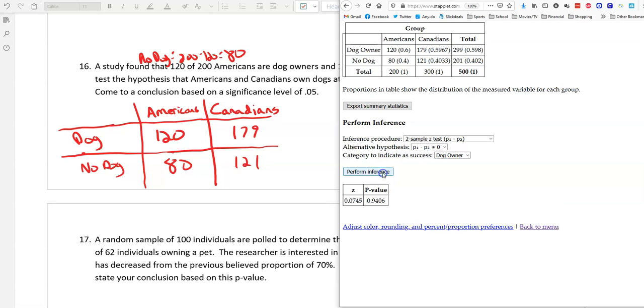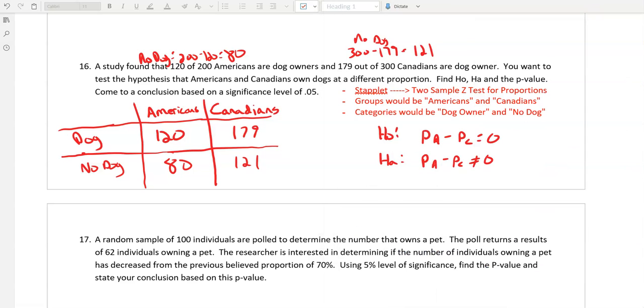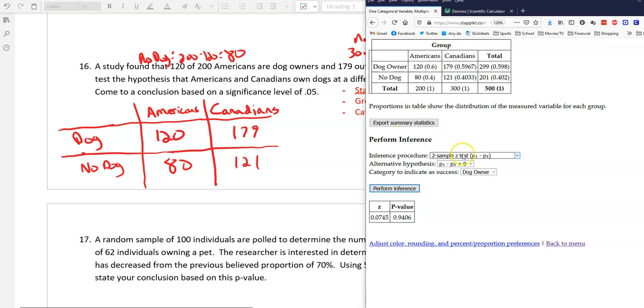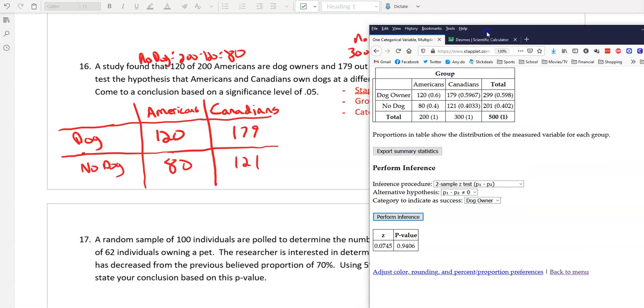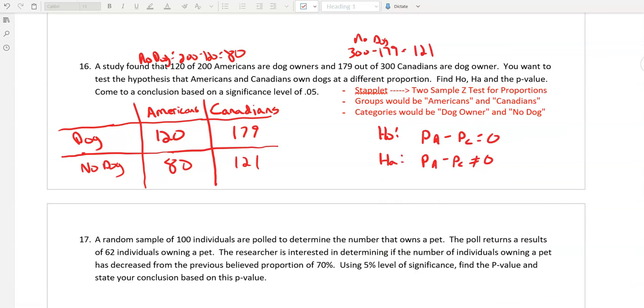And so I perform inference, and I get 0.9406. That is way too high. We're looking for 0.05, and it ends up being 0.9406. And so not only do we not prove it, we didn't come close to proving it. It's more likely that they're equal, because they're almost exactly the same, right? 59.67% versus 60%.